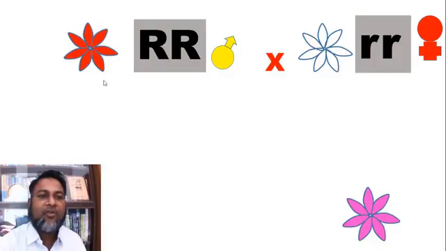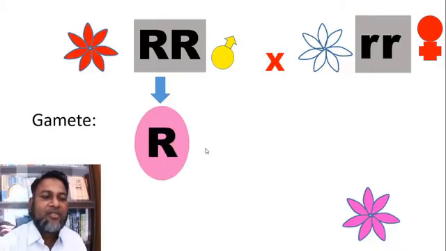When this red flower plant is crossed with the white flower plant, capital R gametes are created from the two capital R, and one capital R comes to the male gamete.